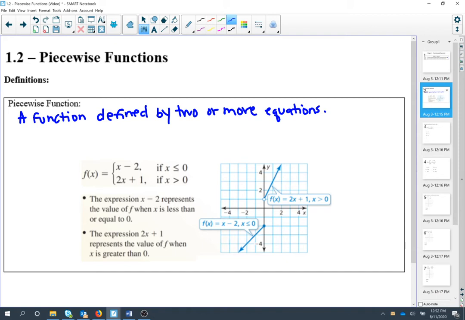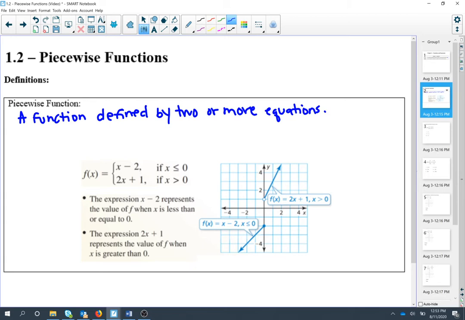We have this f of x, and this time f of x equals, and we've got these little bracket type things, and we've got two separate equations. So if x is less than or equal to 0, so we would go look at our graph, x is 0 right there on the y-axis. If x is less than or equal to 0, then we're going to use this function, which is x minus 2, which is a line, and it looks like this.